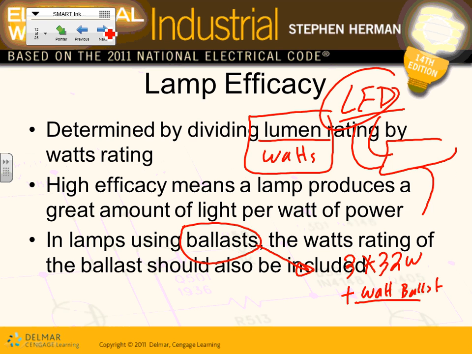The driver takes 120 volts here and gives you 24 volts DC. So that electronic device that converts AC to DC eats a little bit of power. That's where the losses happen. So typically if you add 10% on the watts for losses, you're very close.